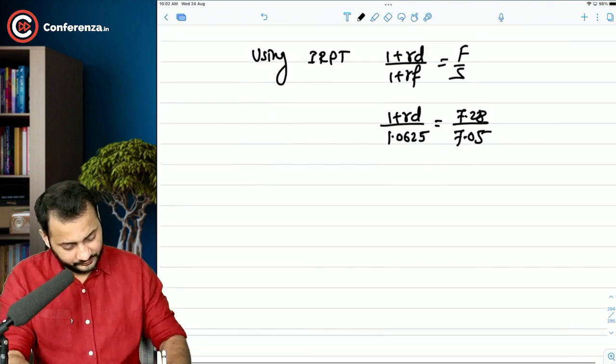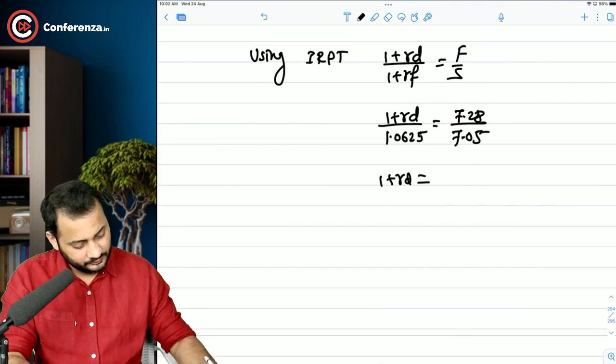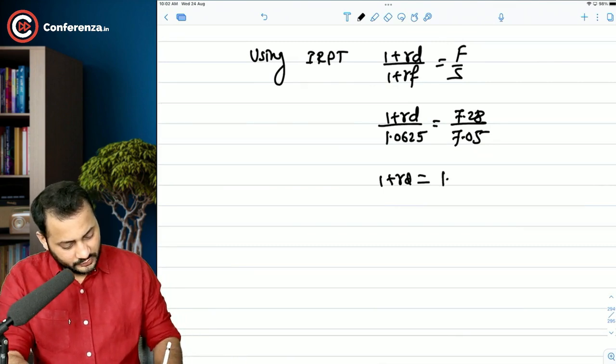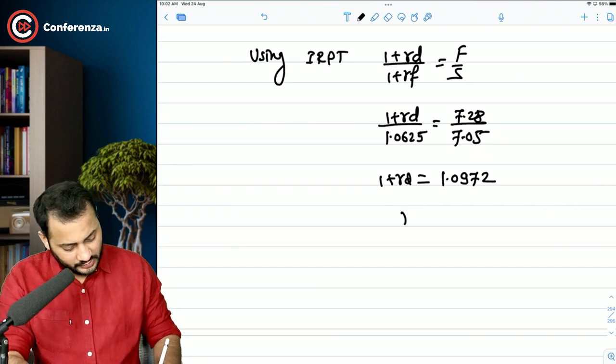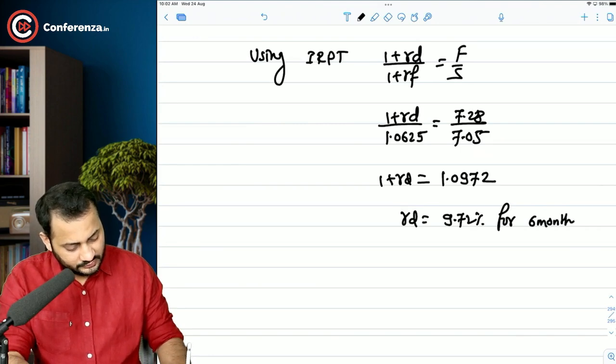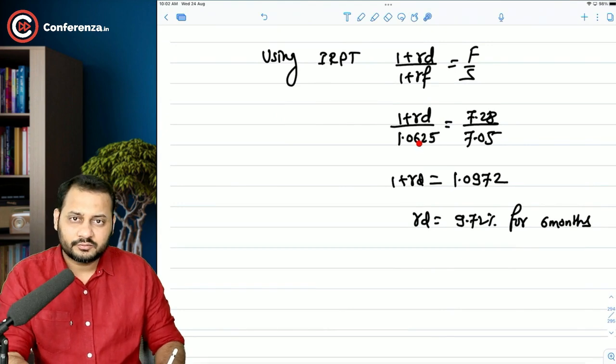7.05. Let's solve this. 1 plus RD is equal to 1.0972 and RD is equal to 9.72% for 6 months, because you have kept 6 months values in the formula.